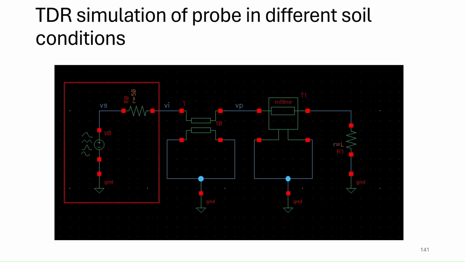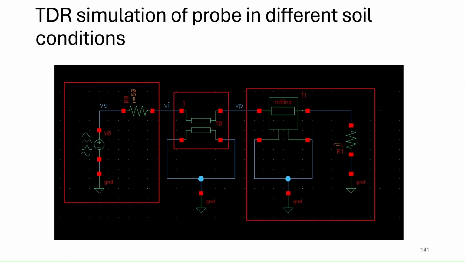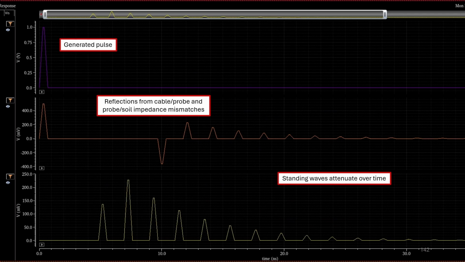Here we have the pulse generator with a standard 50 ohm resistor, the coaxial cable of 1 meter, and the probe of 15 centimeters.